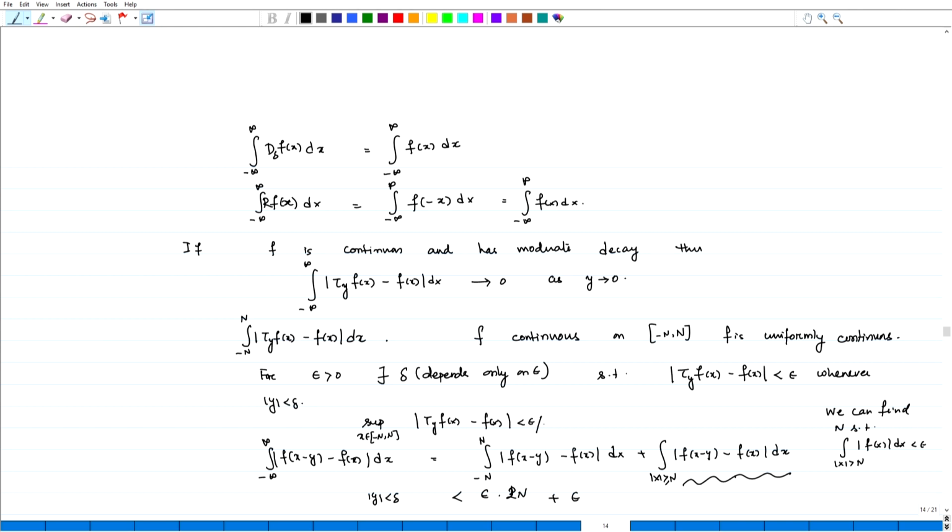Even if I divide it by 2n, this is 2 epsilon, which is small. That is what we wanted: as y goes to 0, the integral of |τ_y f(x) − f(x)| is less than epsilon. So, that means this goes to 0 as y goes to 0.